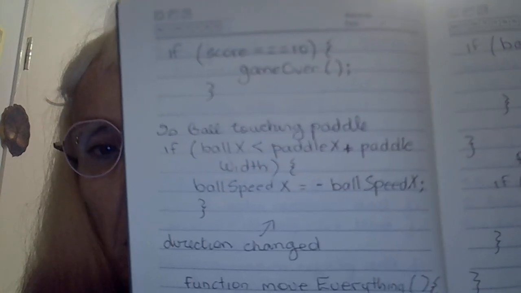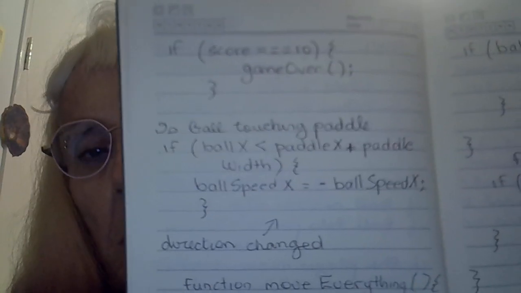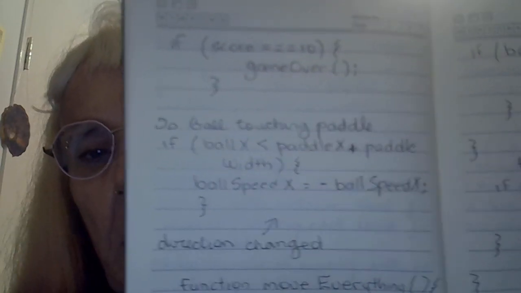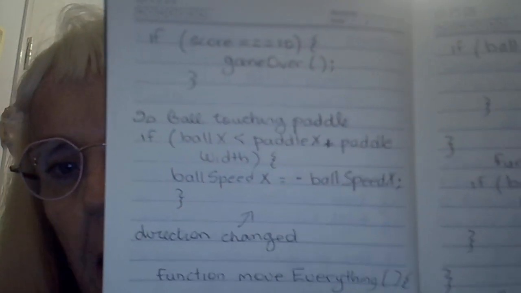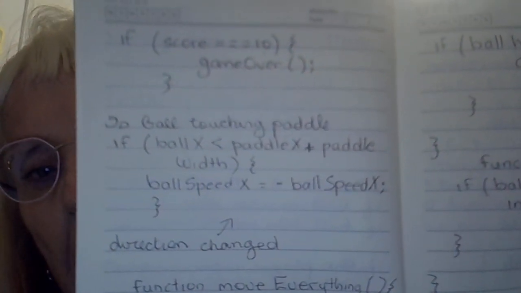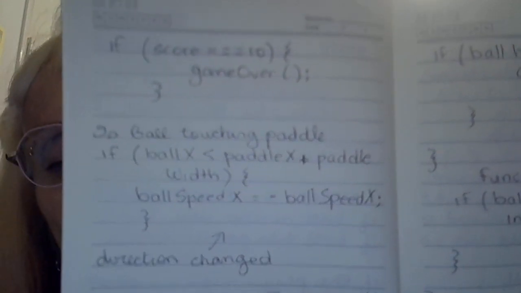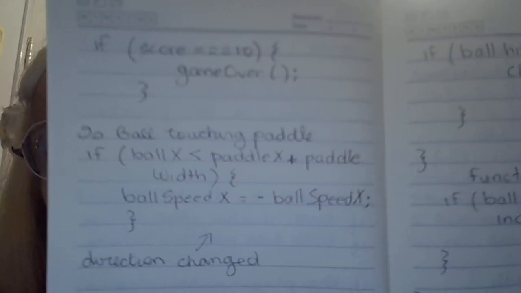So I'm going to show you here an if statement. If ball touches paddle, so your JavaScript would be, you can see it underneath my writing. ballSpeedX equals negative ballSpeedX just means it's the same speed but the other way.